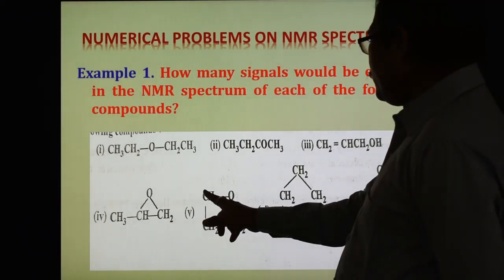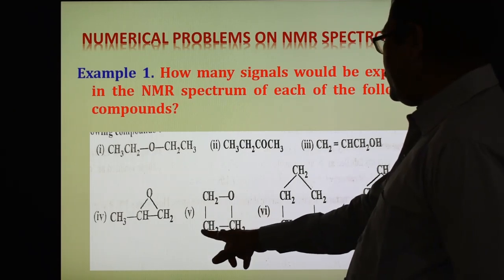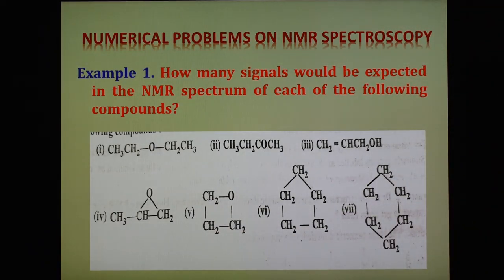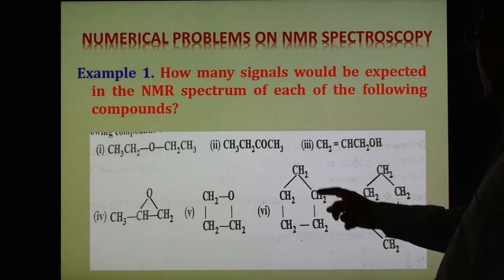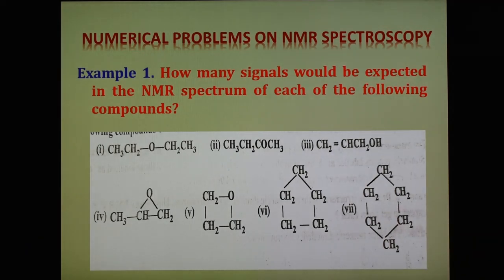These protons and these protons are similar, therefore A, and this is different, B, so only 2 types of protons, therefore they give 2 NMR signals. And compounds number 6 and 7: this is cyclopropane, this is cyclohexane, and they have symmetrical structures. In these 2 structures, all the protons in cyclopropane and cyclohexane are equivalent, and therefore they give only one NMR signal. So in this way we can find out the number of signals in a compound.